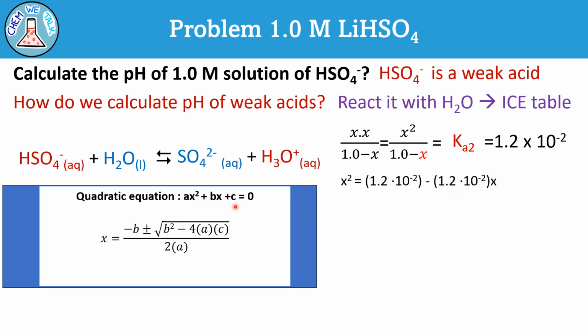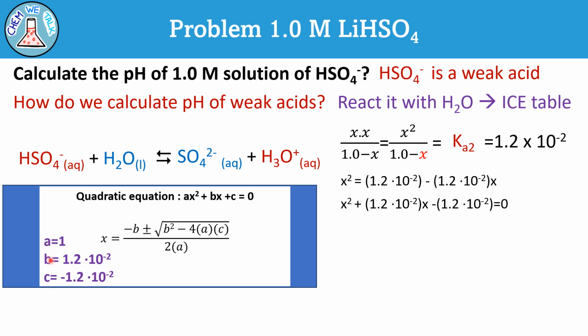But for the quadratic equation, we need to move everything to one side and set it equal to 0. So I'm going to rearrange this equation, and I'm going to get x squared plus this one. Remember, this minus 1.2 times 10 to the negative 2 x was with a negative sign on this side. If I move it to the other side, that becomes positive. Minus 1.2 times 10 to the negative 2. This one was positive on the right side, so if I move it to the left side, it's going to become negative, and we have this.